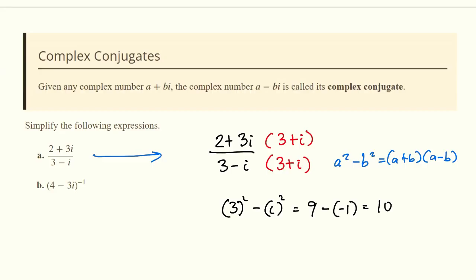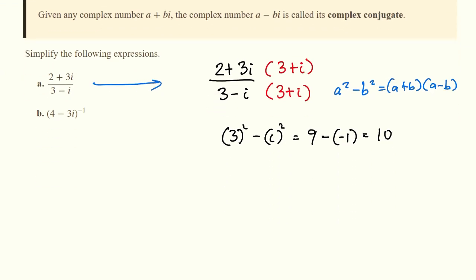But you're not done yet. You've still got to FOIL that whole top thing. Okay, so let's do that. So we have 2 plus 3i and then we have 3 plus i. I'm going to draw my lines again, as much as possible, because, like I said, I don't want to get messed up and look at the wrong number.